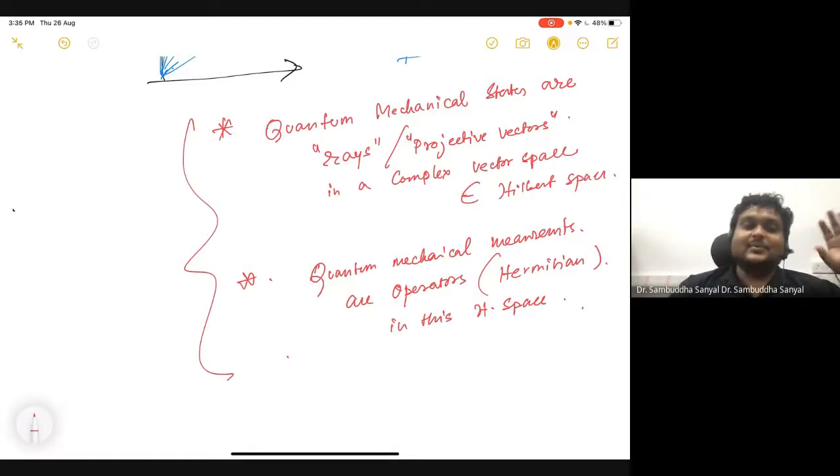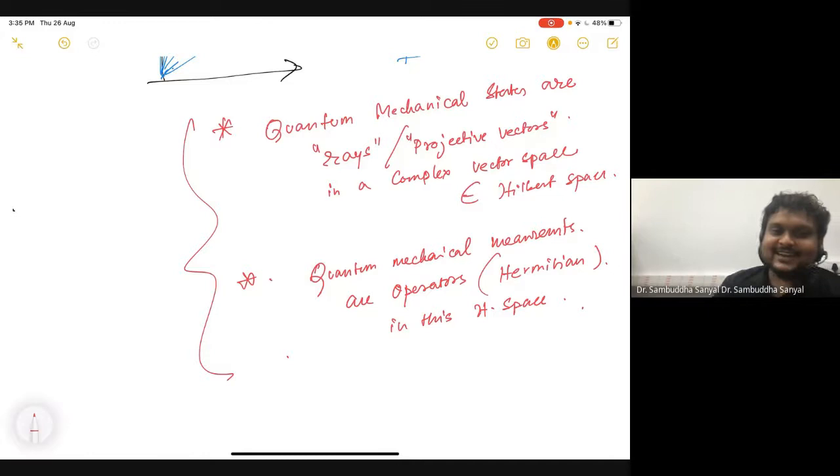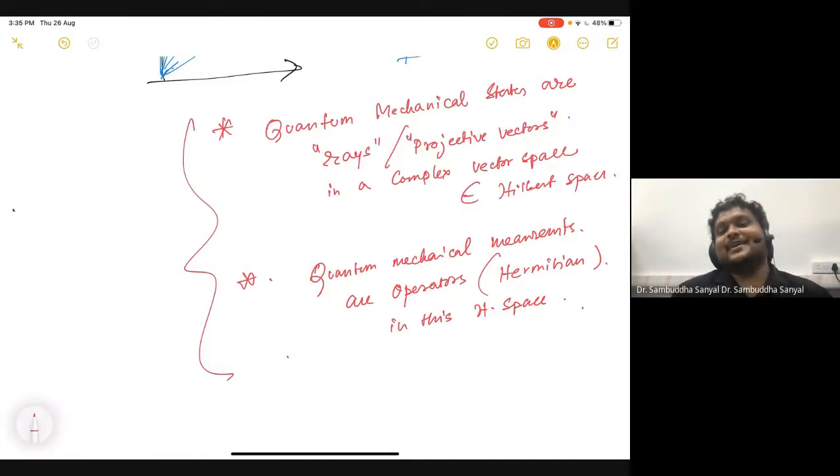But we are still calling it state because, in English language, the problem is quantum mechanics, when it was created, was discussed by probably 10-20 people in the world. Later, now maybe a few thousand, but the English language is much bigger than that. So English language doesn't try to come up with a word which is a better representation. So we still use the word state, but state means something that is there.